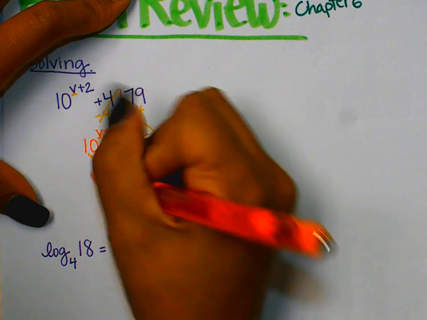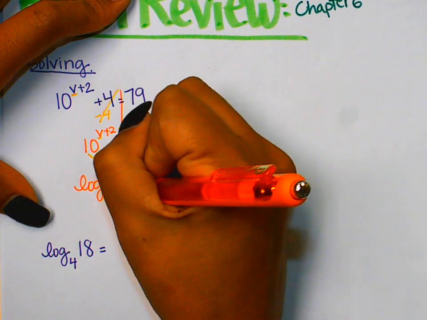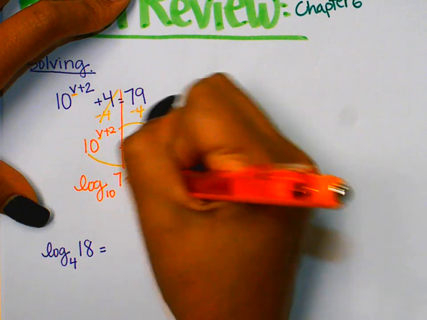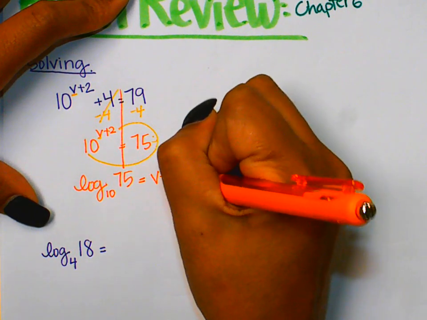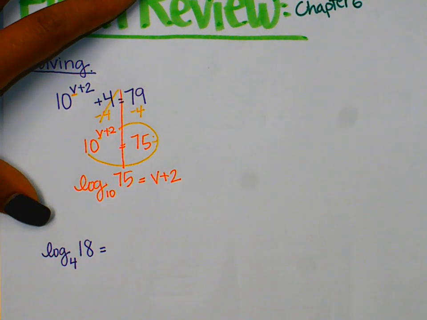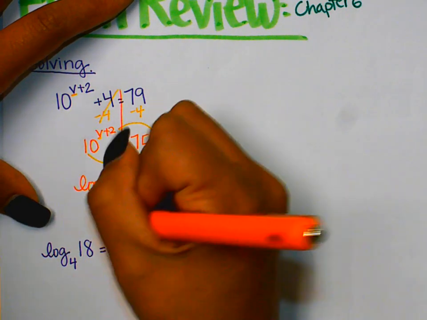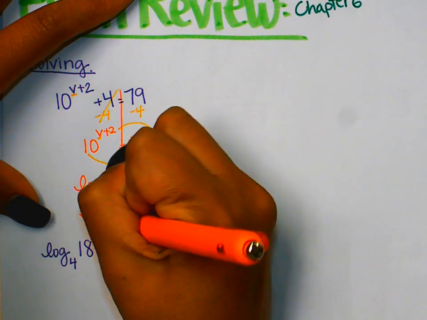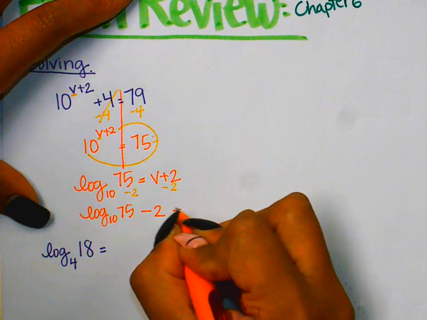So here we need log, and we start here. So log base 10 of 75 is equal to the entire exponent, which is b plus 2. Now we want to get the b by itself, so I'm going to move the 2 over to the other side, and I get log base 10 of 75 minus 2 is equal to b.